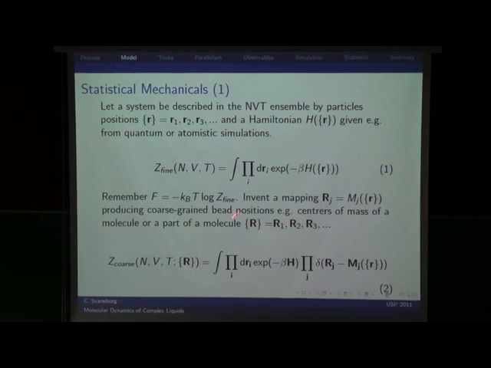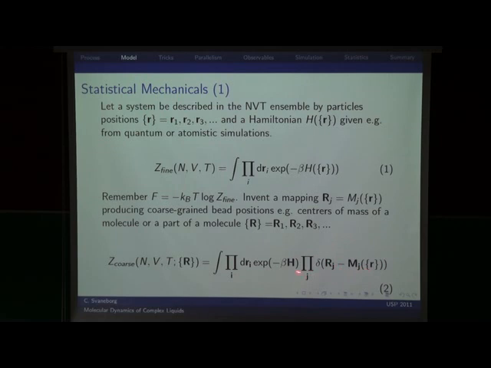Of course, there are far fewer positions of beads than there are positions of atoms. Then we can define a restricted partition function, a coarse-grained partition function, which is a function of the number of particles, volume, and temperature, but also of these coarse-grained coordinates. It is given essentially by the integral of the fine-grained representation, but now we have to add a delta function, making sure that the coarse-grained bead positions are in agreement.